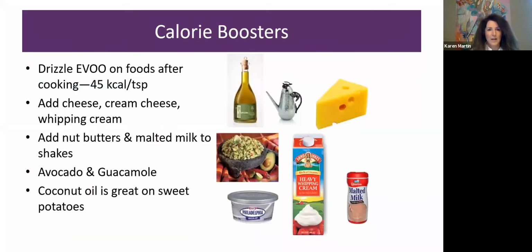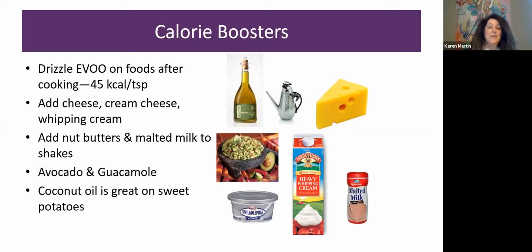Here are some of the things we already talked about, those calorie boosters: olive oil, cream cheese. Whipping cream is a great thing. How about some malted milk? If you're making a shake, malt has a lot of calories. Back when I was in high school, I used to order butterscotch malt with double malt, and it was very good, but very high calorie.